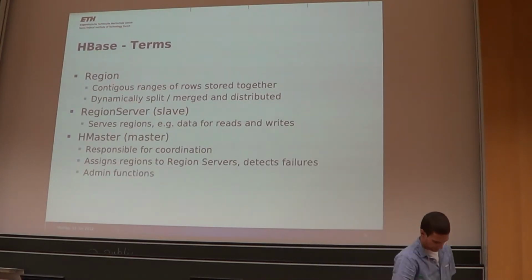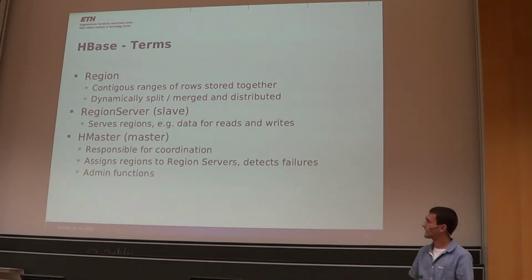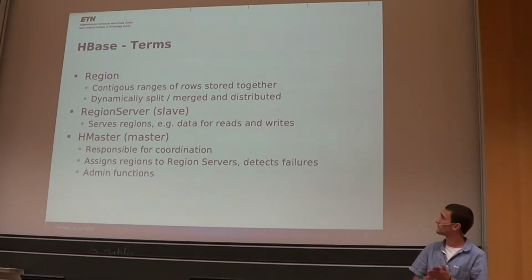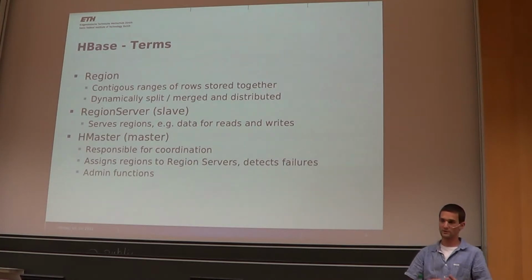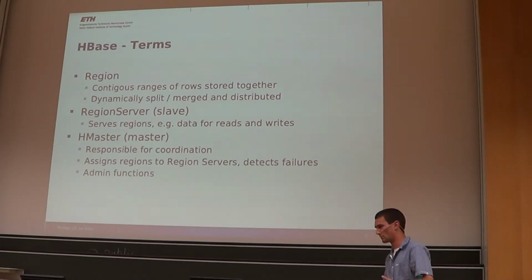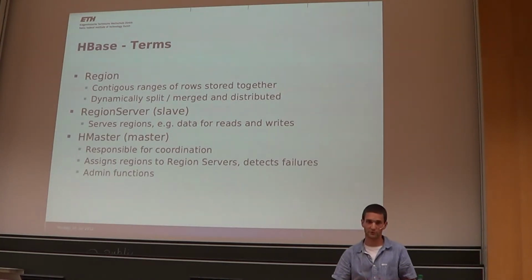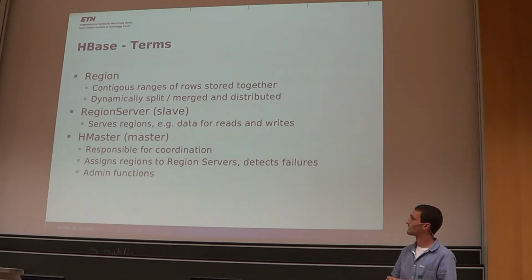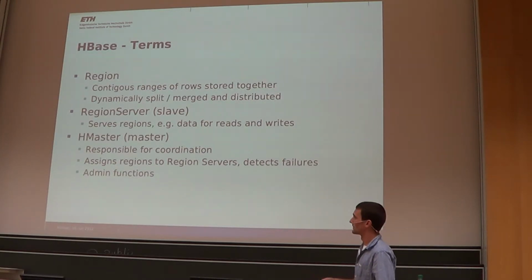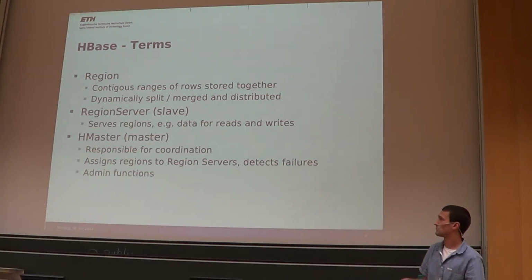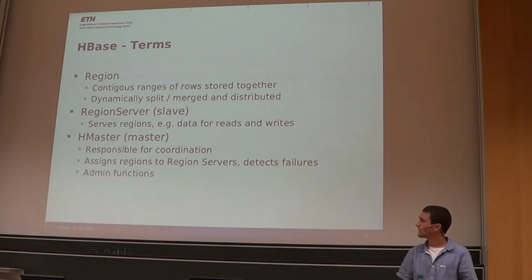So a couple of terms for HBase. HBase stores the data in regions; a region is basically just a certain range of rows where data is stored, and the regions are then automatically split or merged and distributed over the servers. Then the region server is a slave of the system.